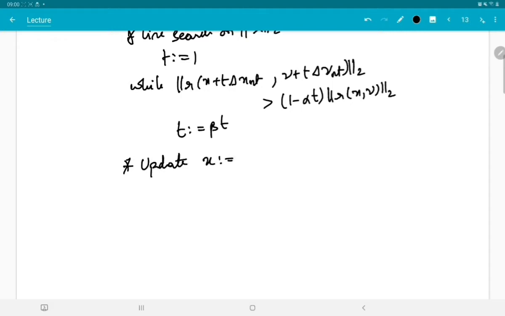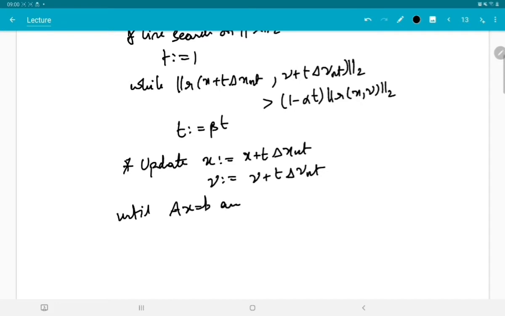So primal is updated as, and do this until x equals b and the residue reduces below epsilon.